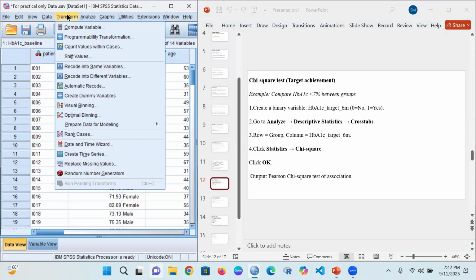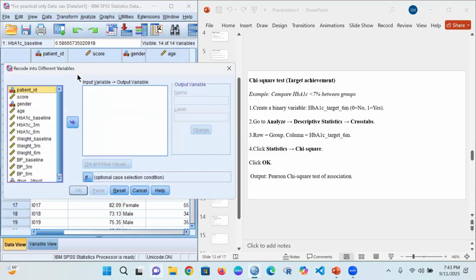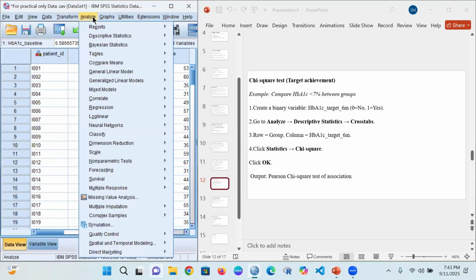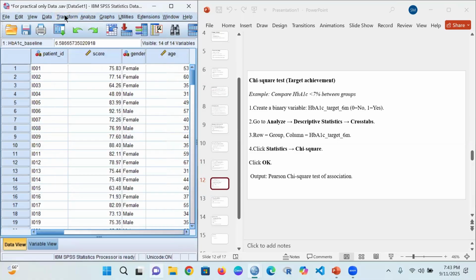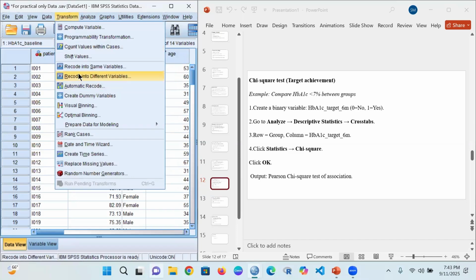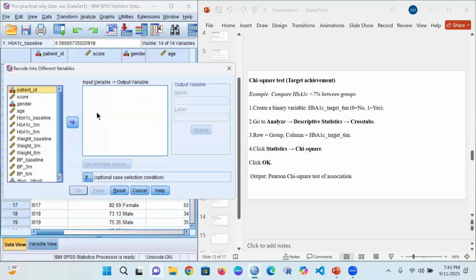You come to Recode into Different Variables. Some SPSS versions may say Into New Variables. So you want to recode your HbA1c target, that is at 6 months.